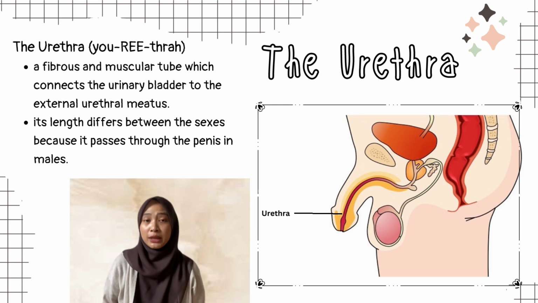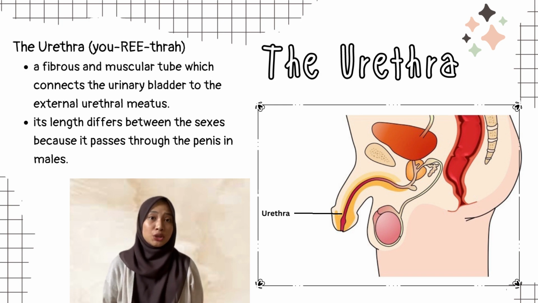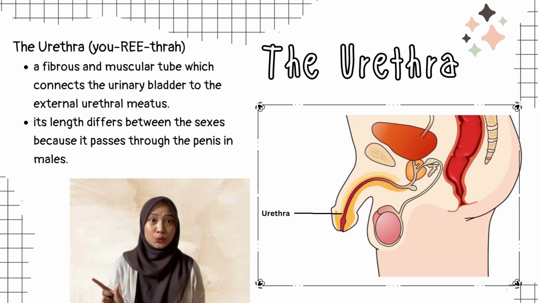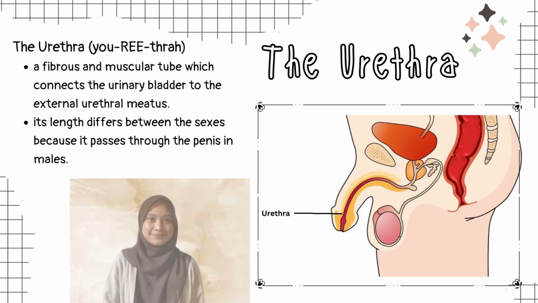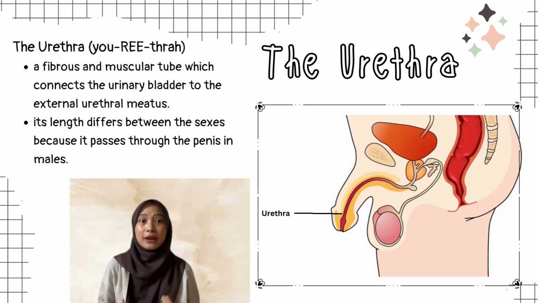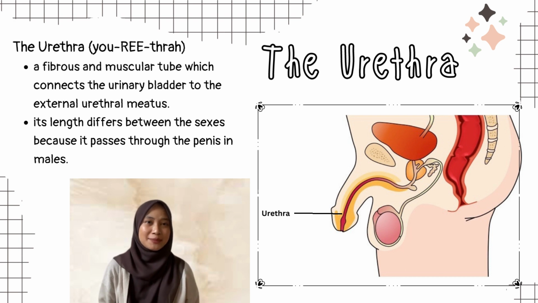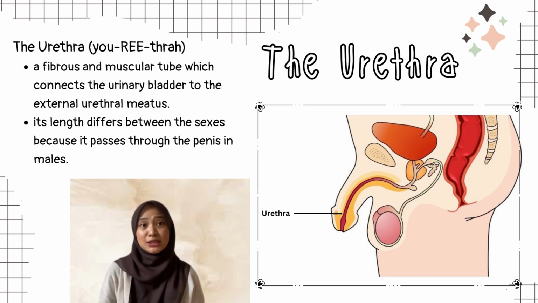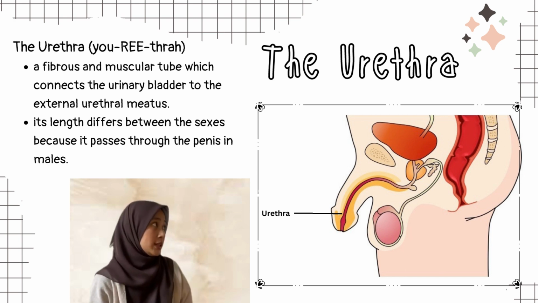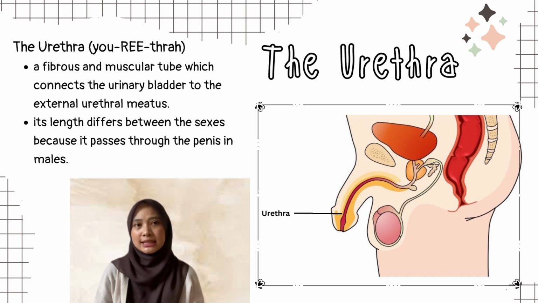Moving to the next topic, which is the urethra. The urethra is a fibrous and muscular tube which connects the urinary bladder to the external urethral meatus. Its length differs between the sexes because it passes through the penis in males. As you can see in the picture, the urethra is the red line along the penis.